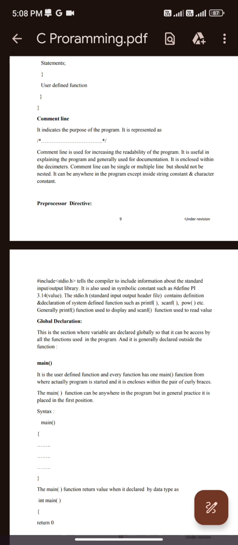Hash is the preprocessor directive, and include means it directs the compiler to add, and then comes the file name stdio.h. stdio.h is standard input output header file. So it tells the compiler to include the standard input output library function from the library, and it includes the whole function while executing the program. And there are many preprocessor directives or many functions.